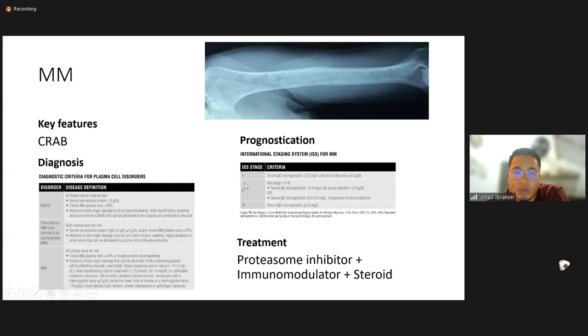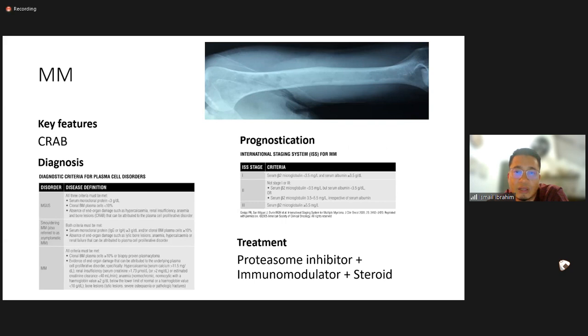multiple myeloma. The way how to diagnose multiple myeloma is first you need to have plasma cell more than 10% in the bone marrow, or you can see a plasma cell in significant amount as a plasmacytoma. What is plasmacytoma? You see plasma cell outside the bone marrow.